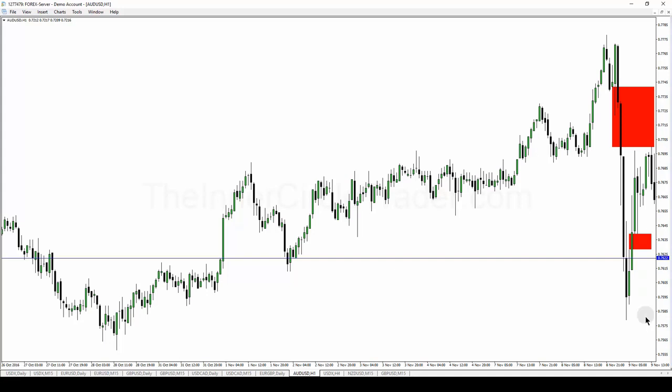Institutionally, what we would be thinking is price definitely has buy stops above here. Traders that are already short back here, we want them to drop their protective buy stops down here. So we're going to wait for price to drop lower, close in this fair value gap, and potentially hit this order block level down here.